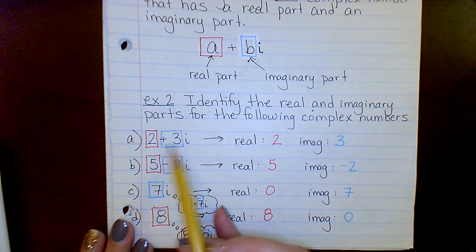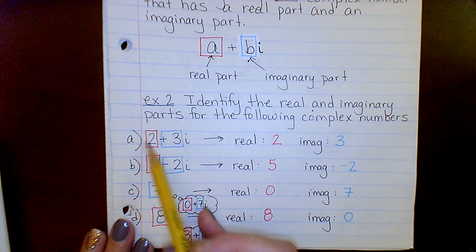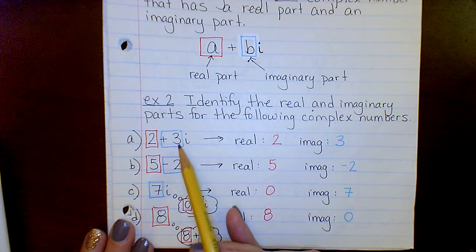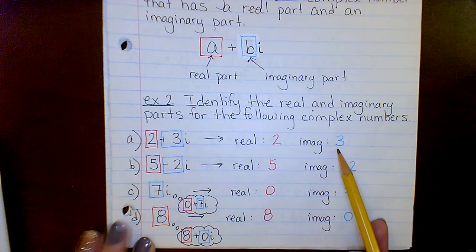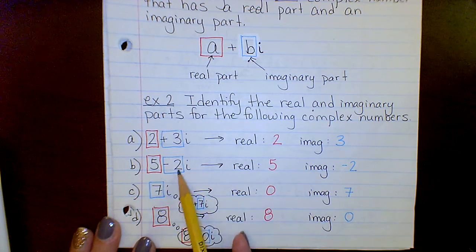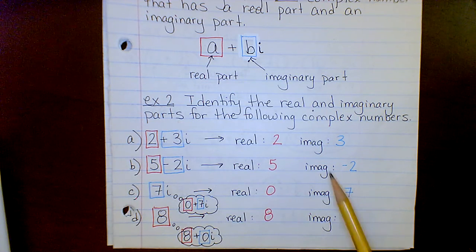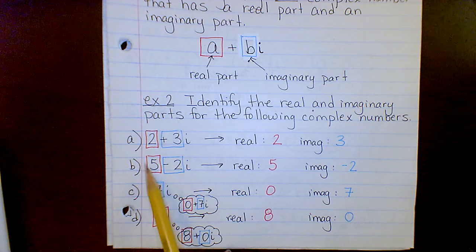So in the number 2 plus 3i, the real part is 2. The imaginary part, the coefficient of i here, is positive 3. You don't have to write the plus. 5 minus 2i. 5 is the real part, minus 2 is the imaginary part. Now, does that mean that the first number is always the real part and the second number is always imaginary?